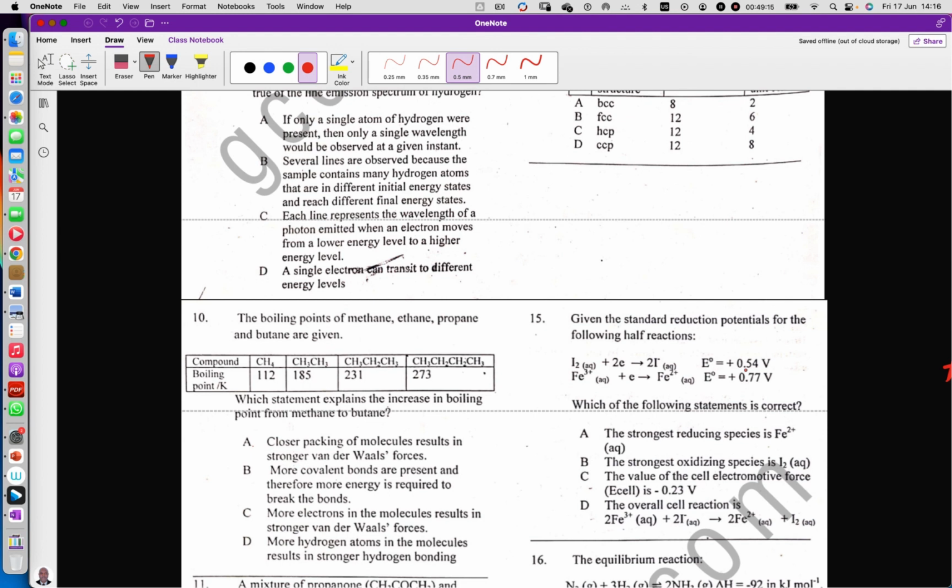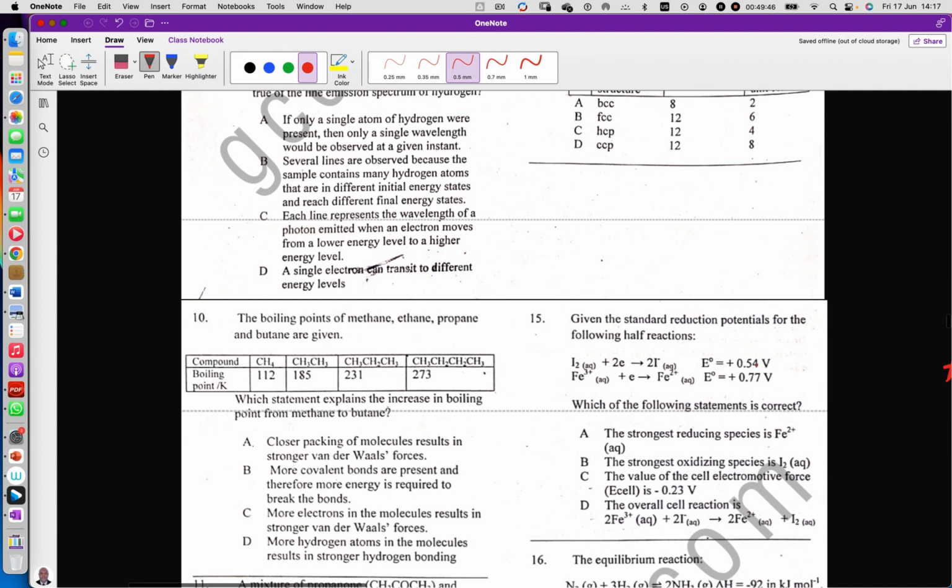That means that it will lose electron and become oxidized. That's why I say from the value of the reduction potential, it shows that it is a better reducing agent that will lose electron and become oxidized.